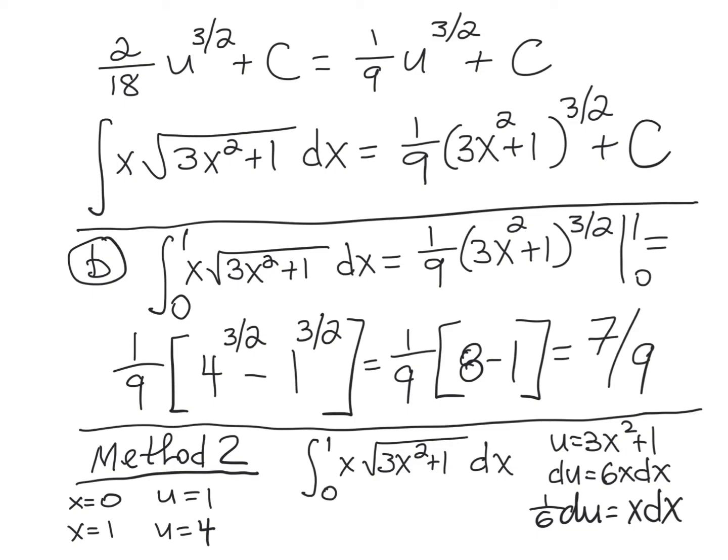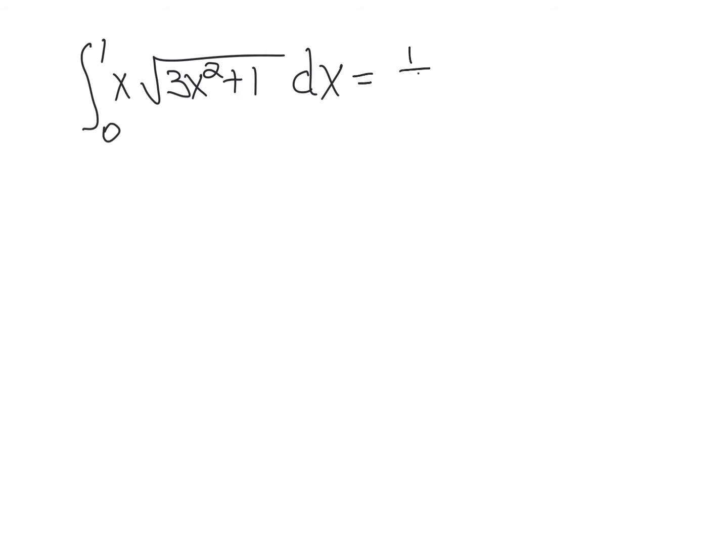That means that the integral from 0 to 1 of x square root of 3x squared plus 1 dx is equal to the integral from 1 to 4, and the 1/6 is in the front, of u to the 1/2 du. And so this way we will never have to go back to x to evaluate the integral.